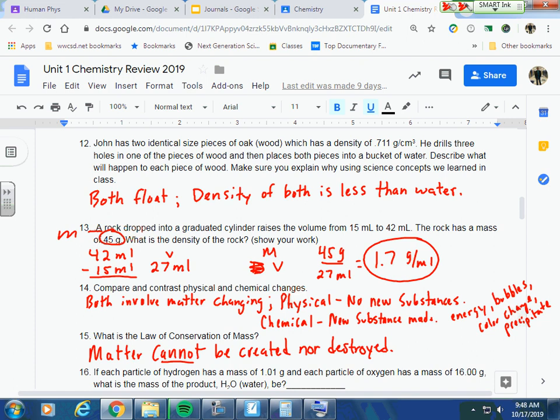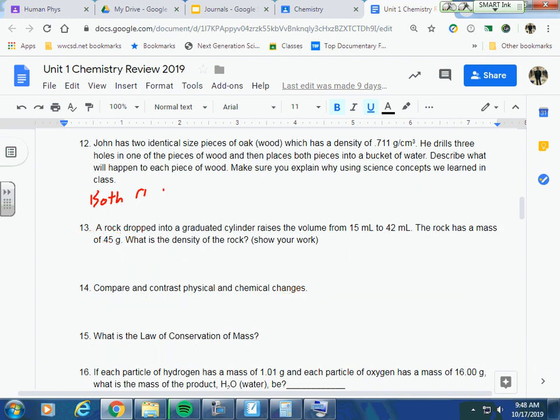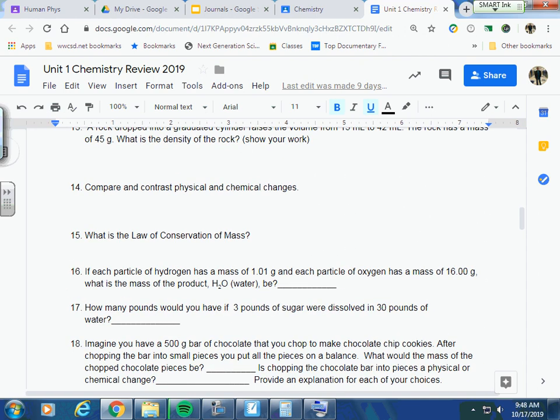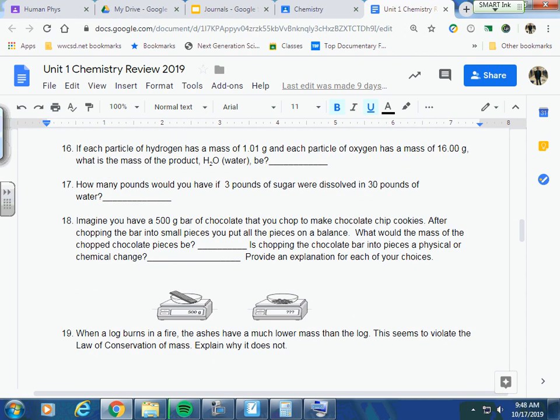All right, almost done with this. So number 16, if each particle of hydrogen has a mass of 1.01 grams and each particle of oxygen has a mass of 16 grams, what is the mass of the product H2O?